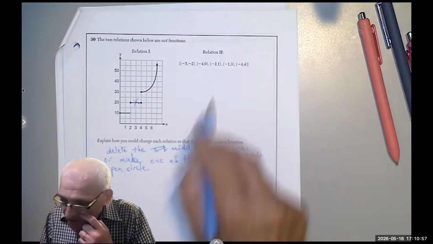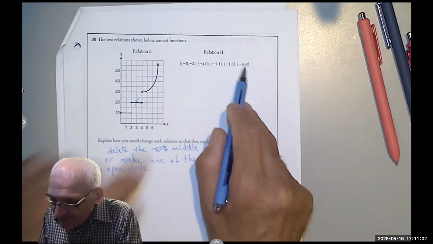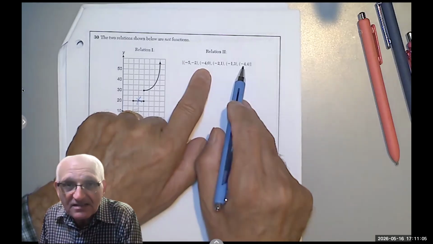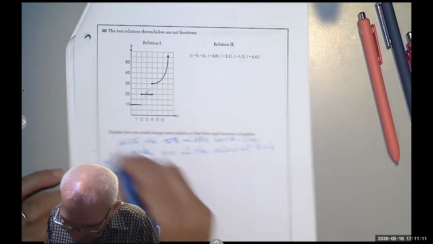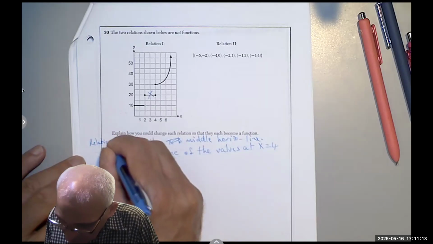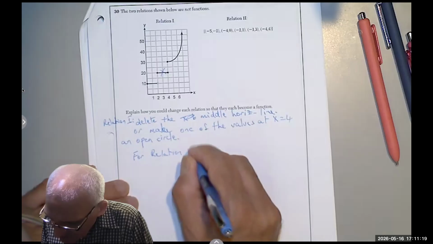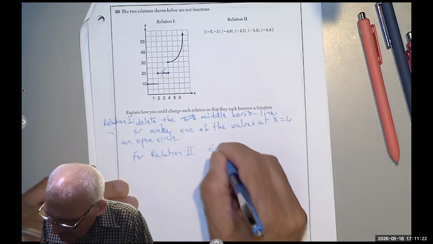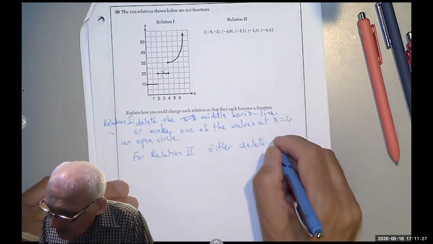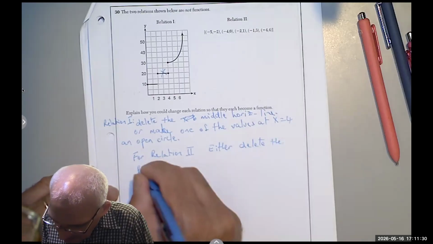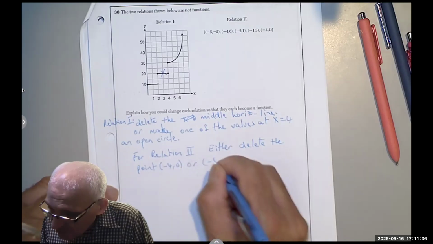Okay, when I go to the second relation, -5, -4, -2. I have -4 and -4, and again, that makes it not a function. So for relation 2, so this is relation 1, for relation 2, either delete the point -4 and 0, or -4 and 4.